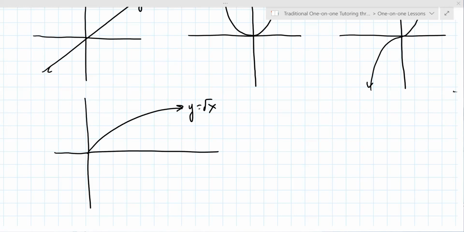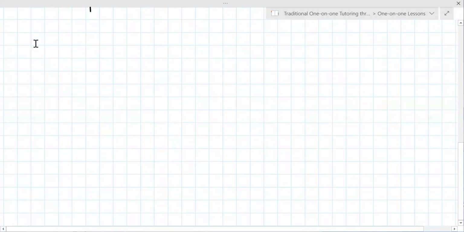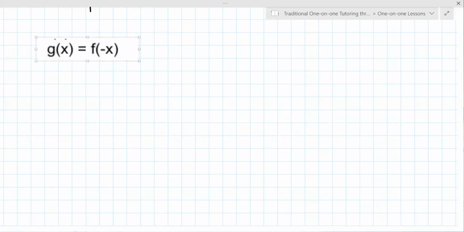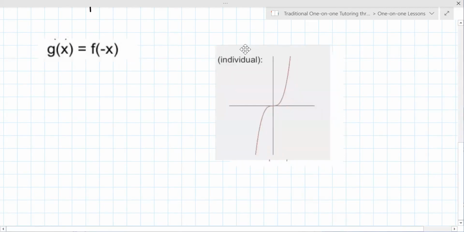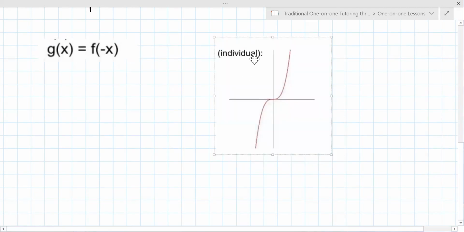So I'll snip one of those in, and we can work through some of these. So you would be given a graph of like x cubed. That's what your instructor shows here. You would be given this graph, and this is f of x. This is y equals f of x.